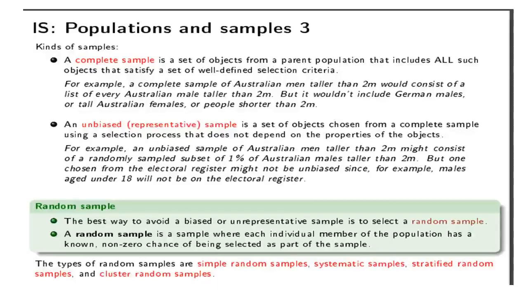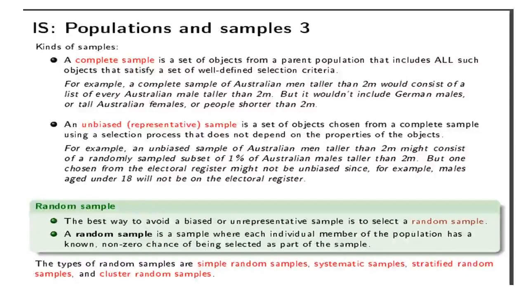Further, under inferential statistics, let's now go to populations and samples. What are the kinds of samples? We have the complete sample. It is a set of objects from a parent population that includes all such objects that satisfy a set of well-defined selection criteria.